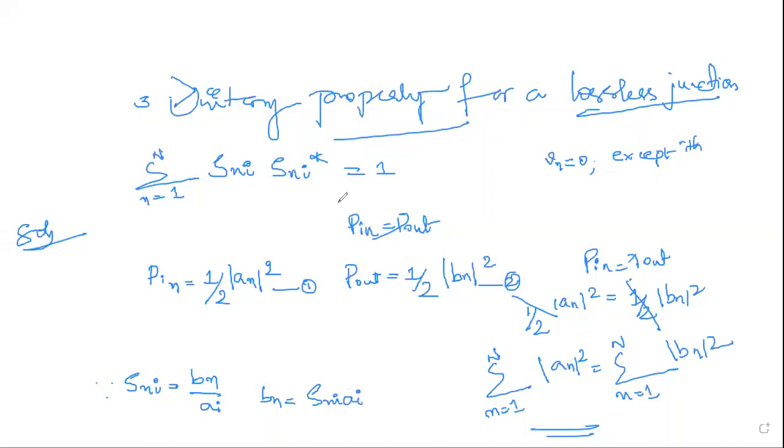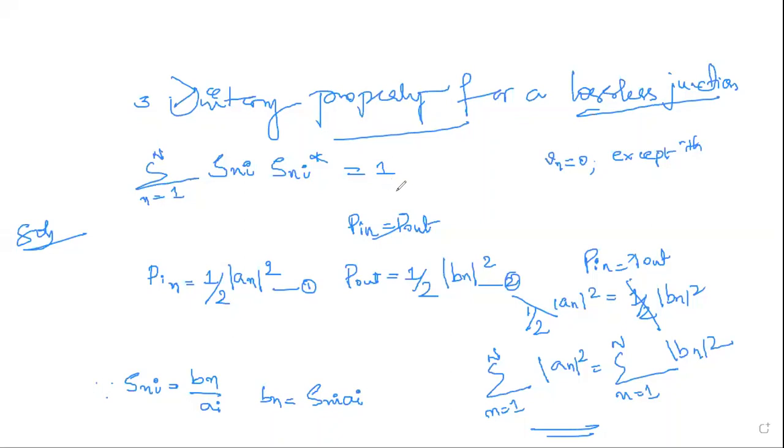The third property says that it is the unitary property for a lossless junction. For any lossless network, the sum of products of each term of any one row or any one column of the S matrix multiplied by its complex conjugate is equal to unity, which is equal to 1.